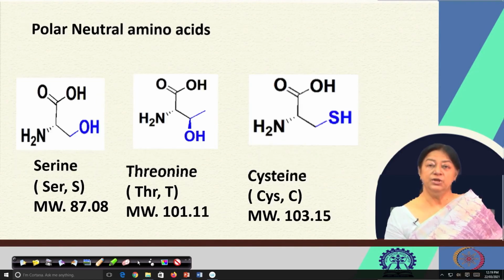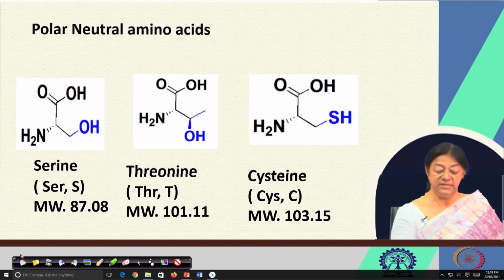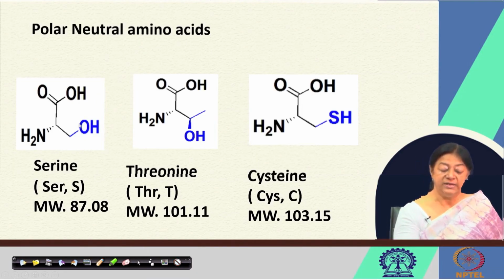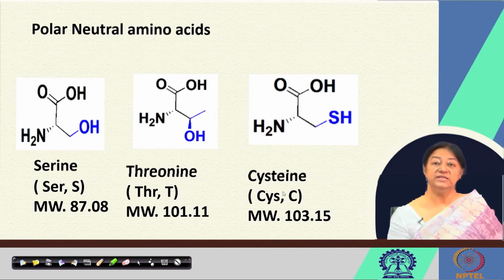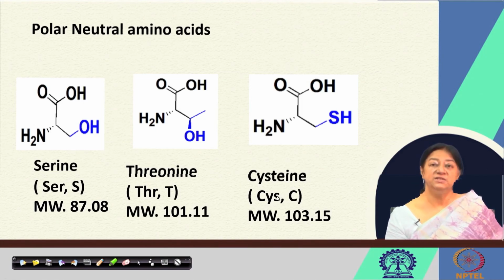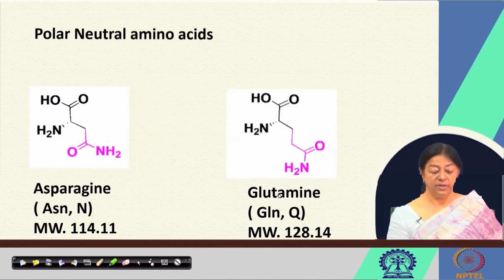The polar neutral amino acids, we see now, we have an addition of an oxygen here in the side chain, or the sulfur in case of cysteine. What does this mean? This means that the property of the amino acids is going to change. Their interactions are going to change, and the way they are involved in the protein is going to change.